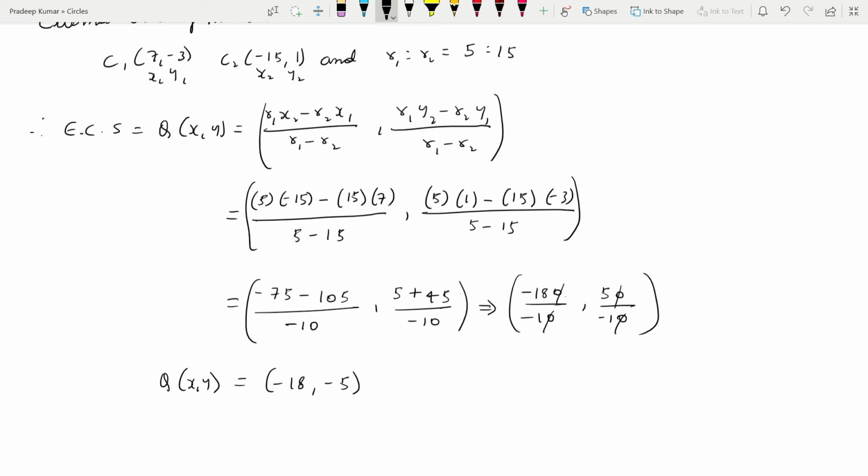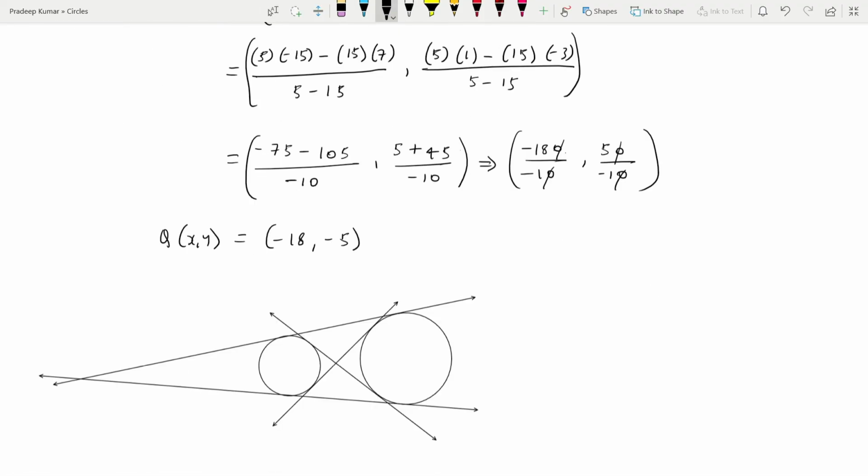Now they asked us to find the internal center of similitude and also the external center of similitude. Both of them we got. So the approximate figure, as we discussed earlier, we'll make the figure again for clarity. This is the first circle and second circle which they gave.